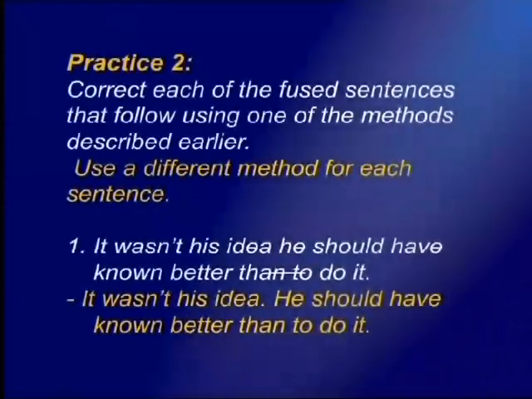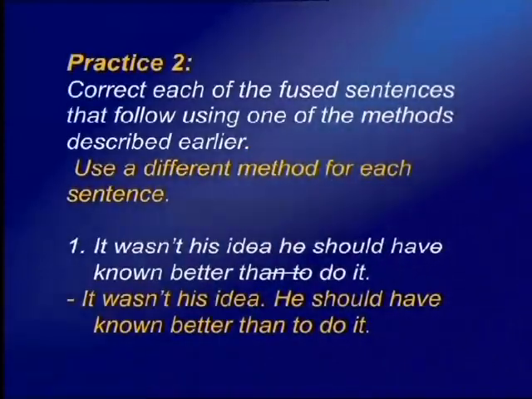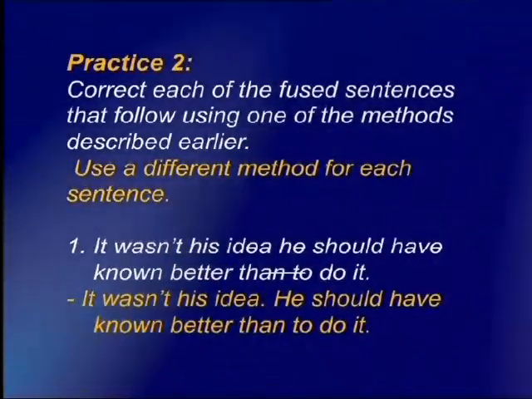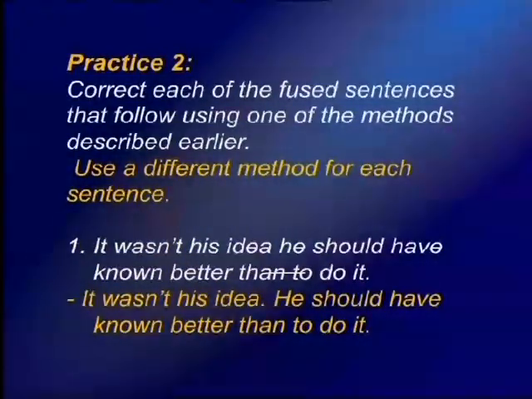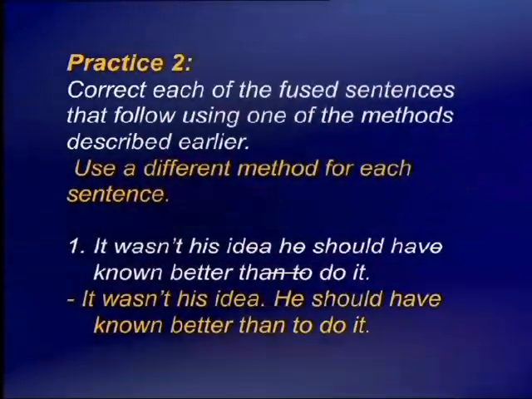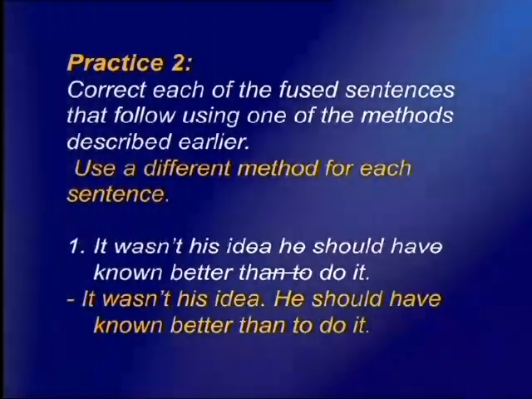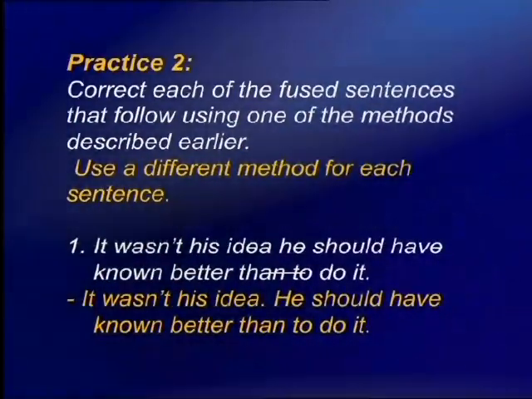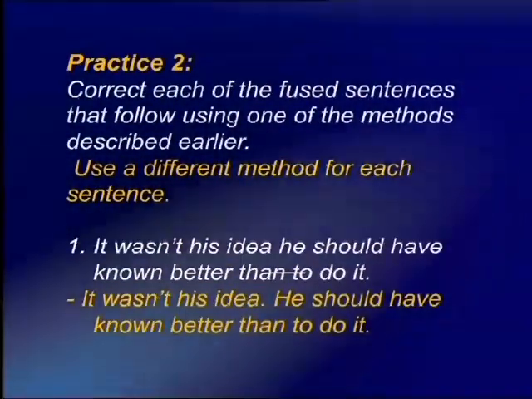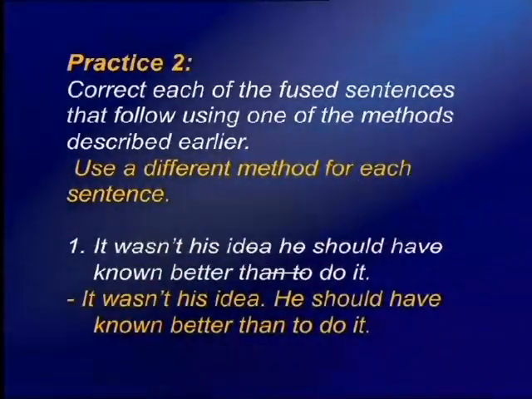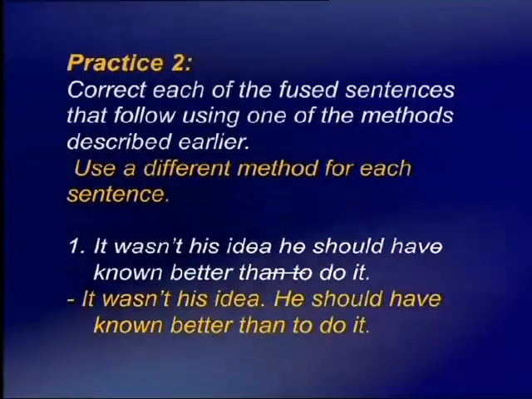Take the first sentence. It wasn't his idea, he should have known better than to do it. So, how can you correct this sentence? Use one of the methods that I have just described to you. You can do it by breaking it into 2 complete thoughts.